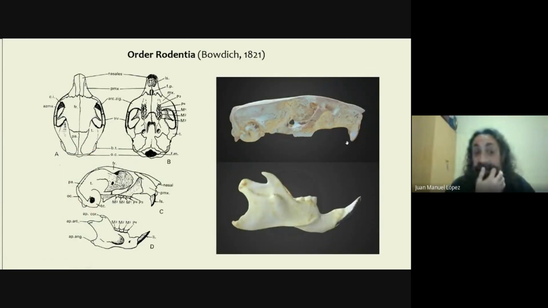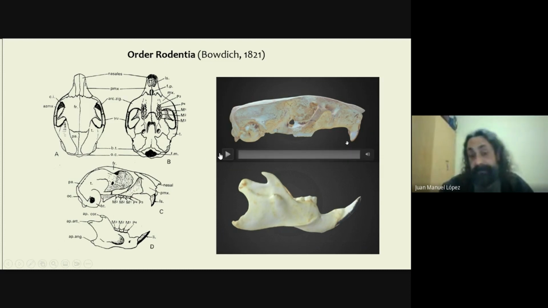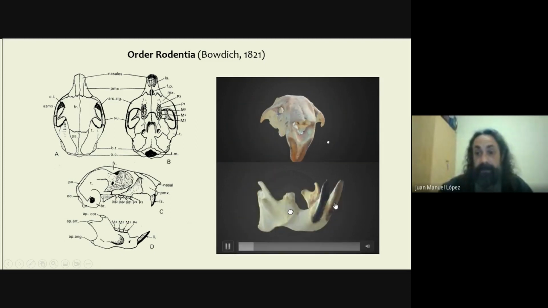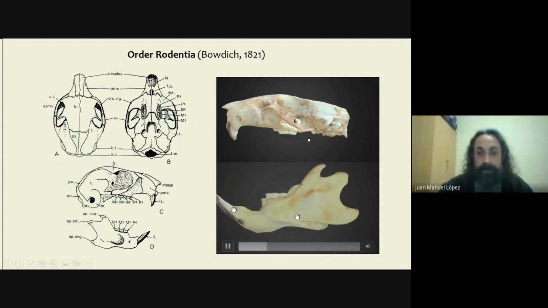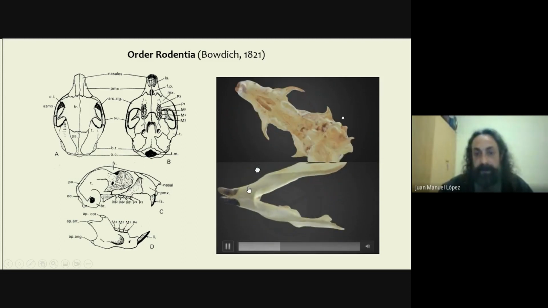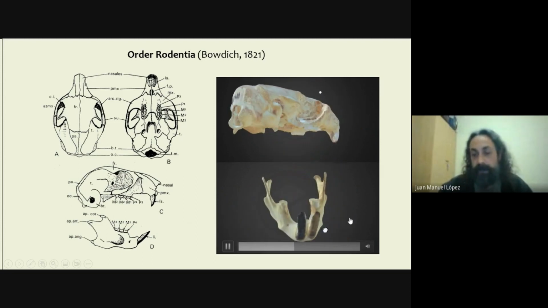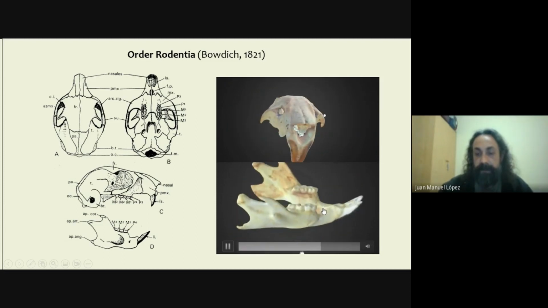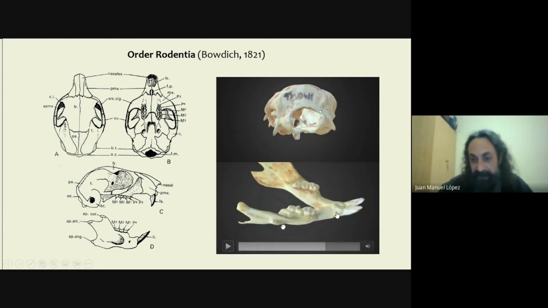Okay, this is the morphology of the cranium and mandibles of rodents. You can see that they are different from insectivores and bats. The main characteristic of the cranium and mandible of rodents and also lagomorphs, rabbits, pikas and Lepus, for example, is that they have incisors here. After the incisor there is a gap, they don't have any other teeth, and then they have three molars.